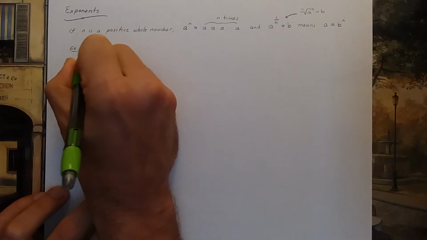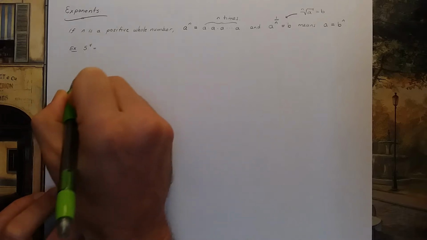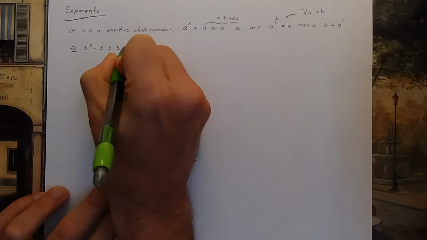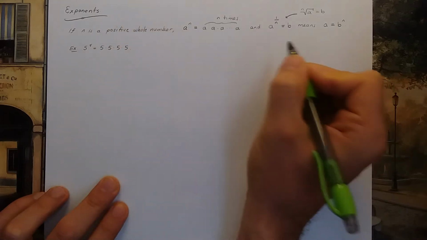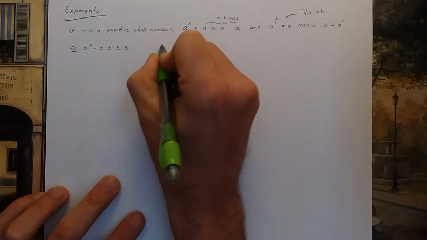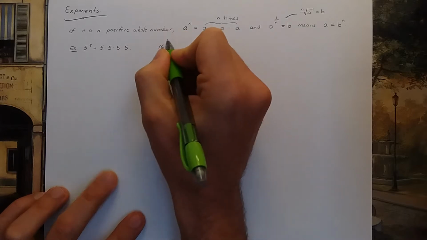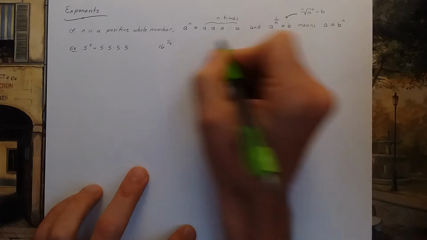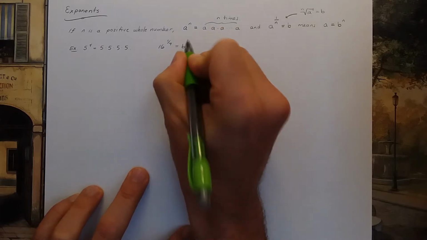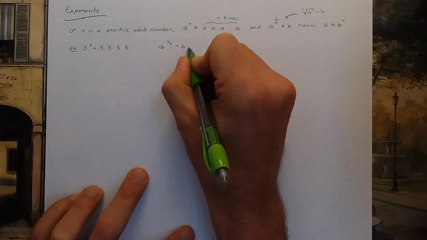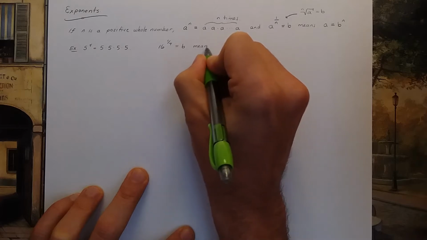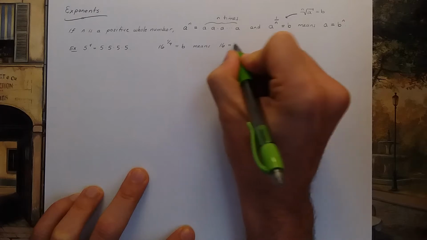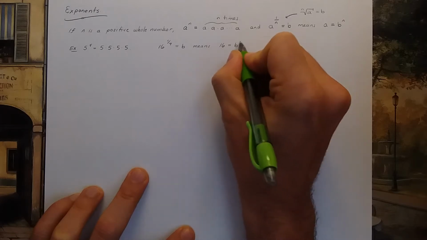So 5 to the 4th power is simply 5 multiplied by itself 4 times. That's all there is to it. If I have 16 to the 1/4 power, let's say that's equal to b. This means that 16 should equal b to the 4th.